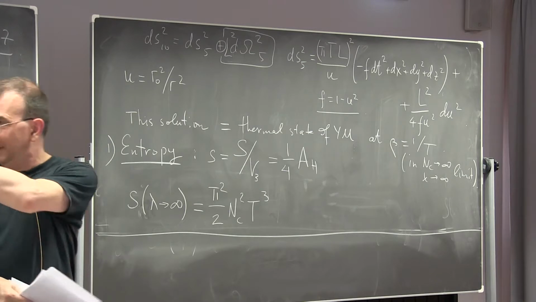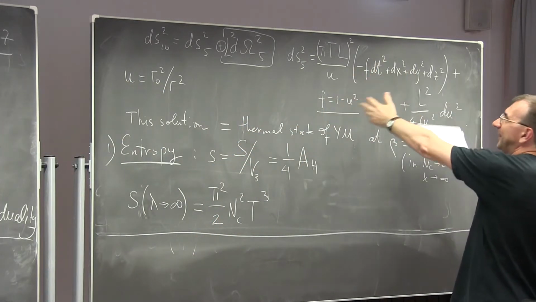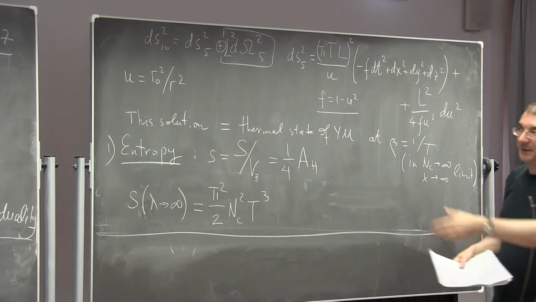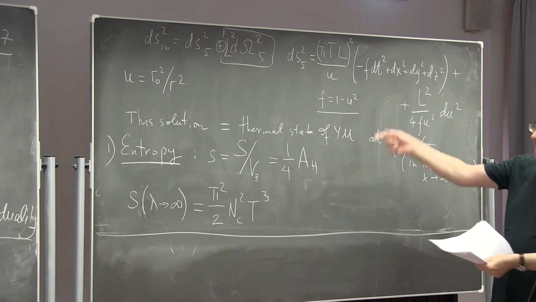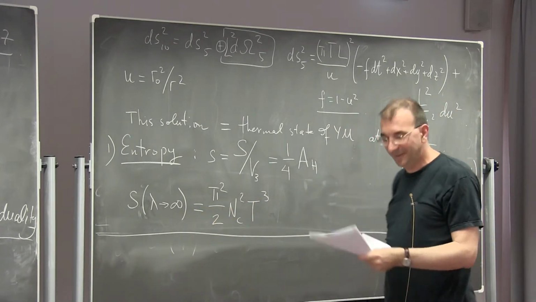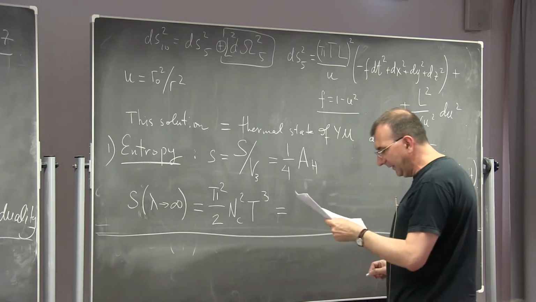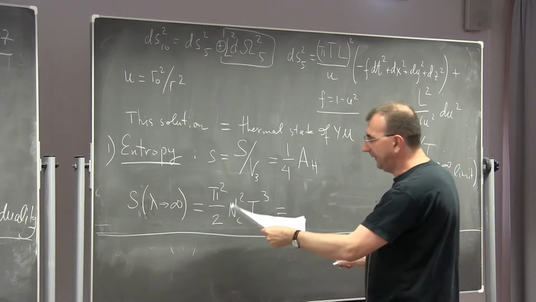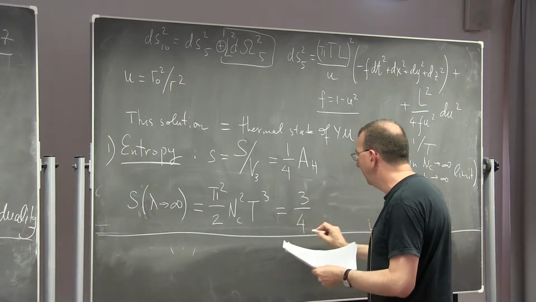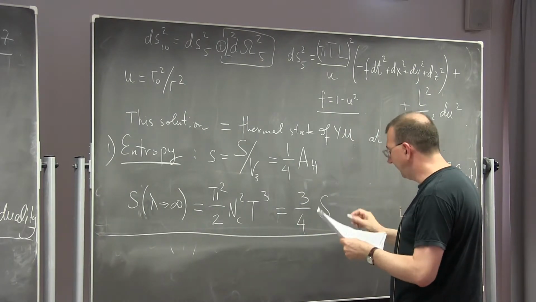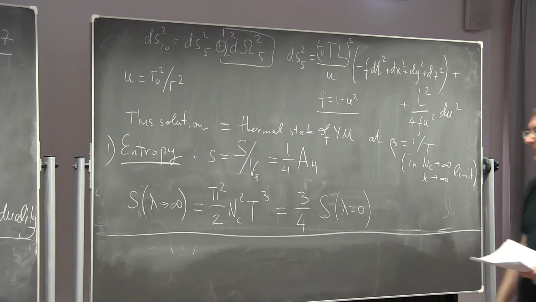This is a really trivial calculation, equally trivial as computing the area of a horizon. But that was the ideal gas calculation, and here is the opposite limit, at lambda going to infinity. If you do this calculation, then you discover that this answer is actually 3/4 of the entropy density at the opposite end, the ideal gas result.